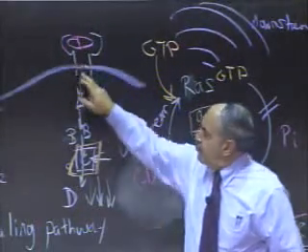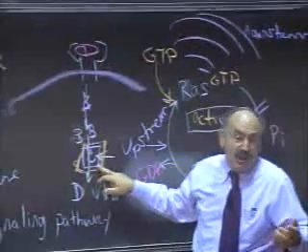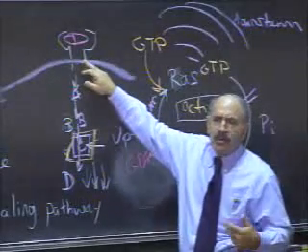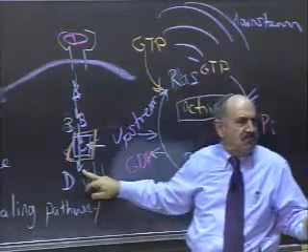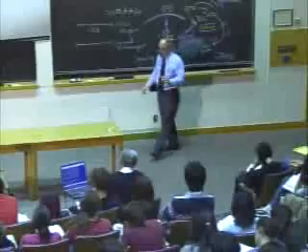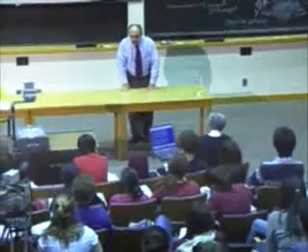RAS might require a brief stimulus to get into this activated state, but then it can sit around for hours and days pushing the cell to proliferate. And the subsequent exposure of a cell carrying a RAS oncogene is now gratuitous. It's unnecessary because this downstream signal emitter has gone wild and is firing and pushing the cell to grow unrelentingly.